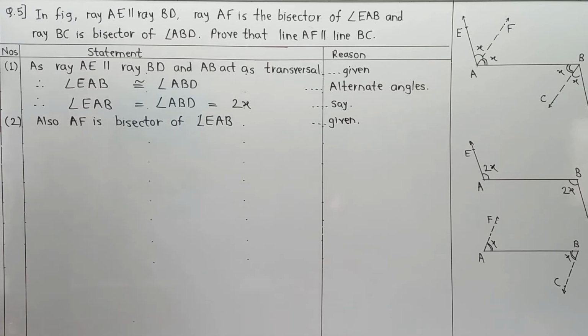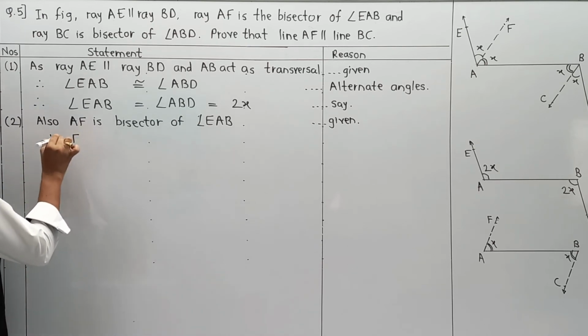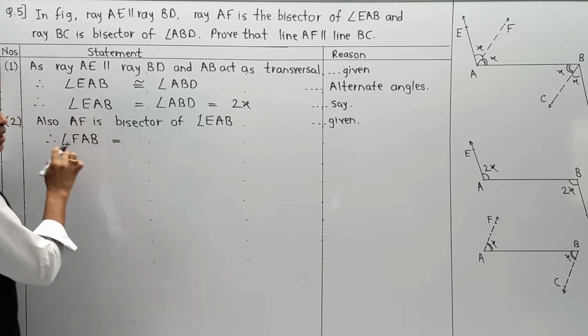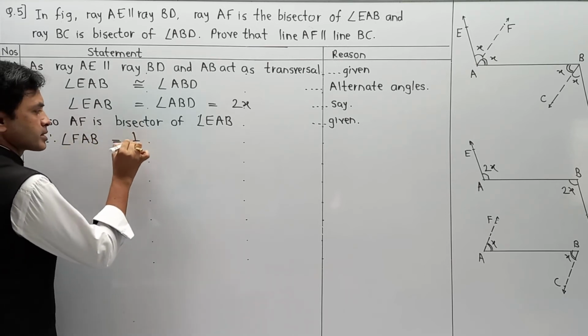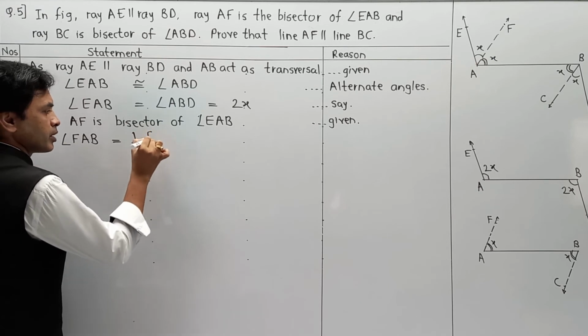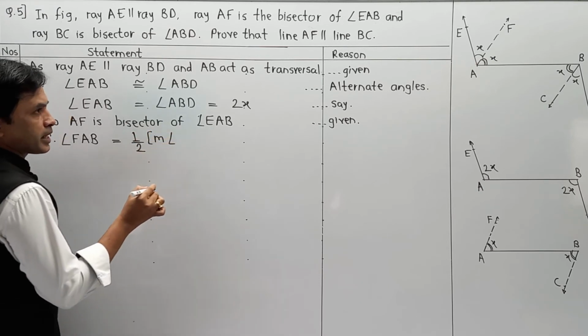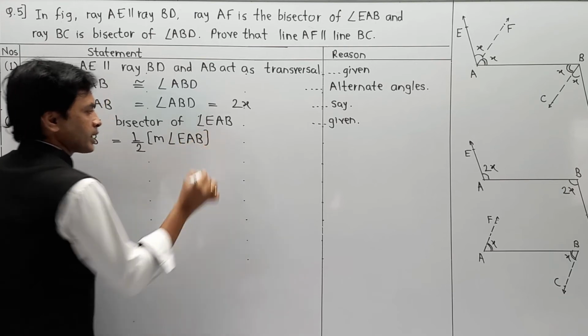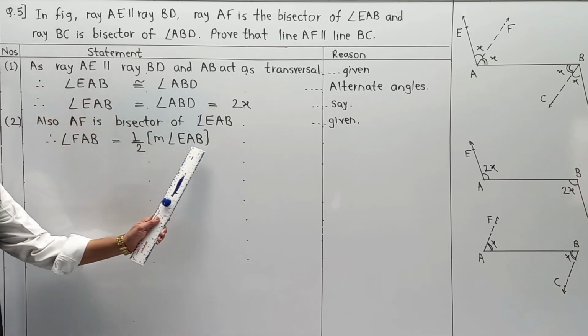Now, since AF is a bisector of angle EAB, I am writing angle FAB. Therefore, angle FAB is half of the measure of angle EAB.